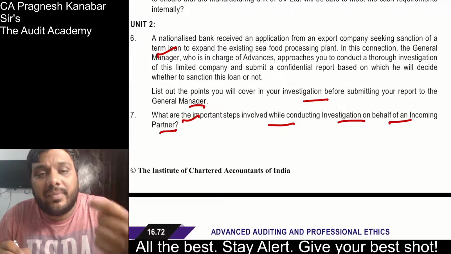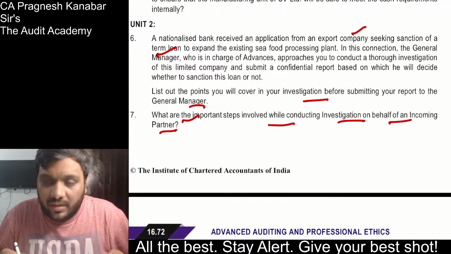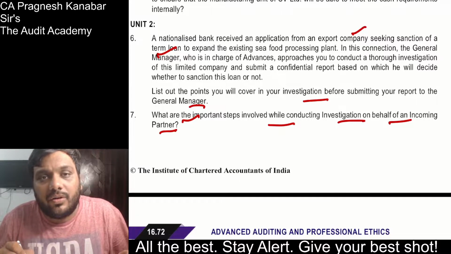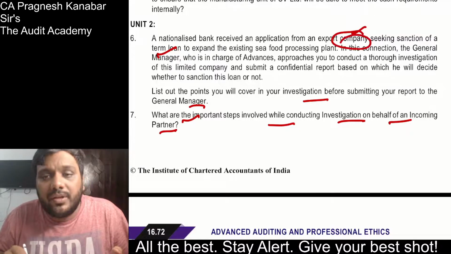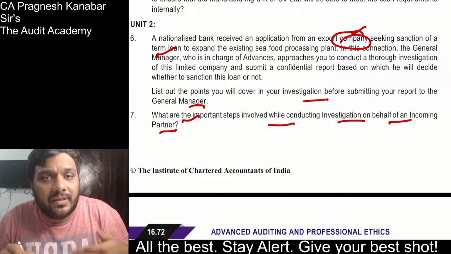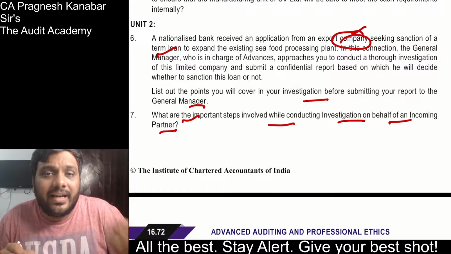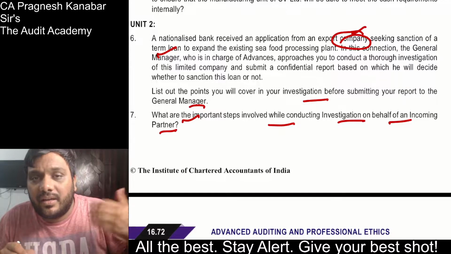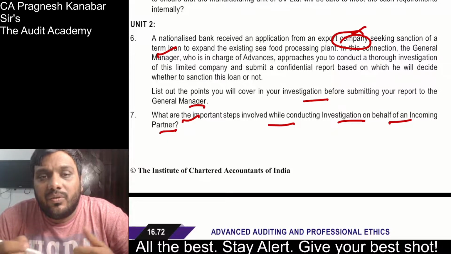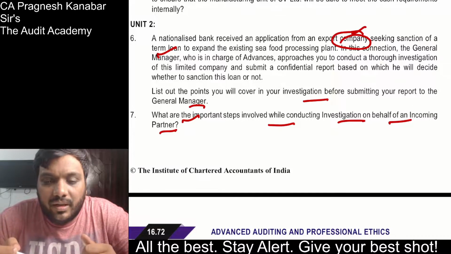That nationalized bank wants to give a loan to a company which wants to expand its business. Investigate whether the loan needs to be given or not. For this company you need to investigate everything: their regulatory aspect, performance aspect, commercial aspect, history, future, assets, liabilities, income, P&L, their credibility, their creditworthiness. Everything needs to be investigated. Only then can you tell the bank whether the loan can be given or not.